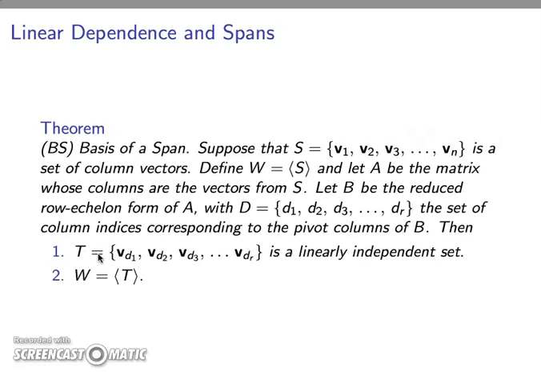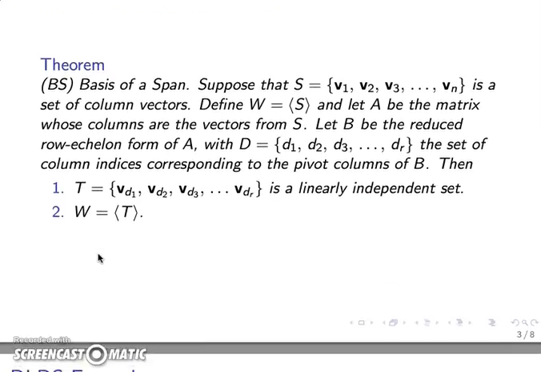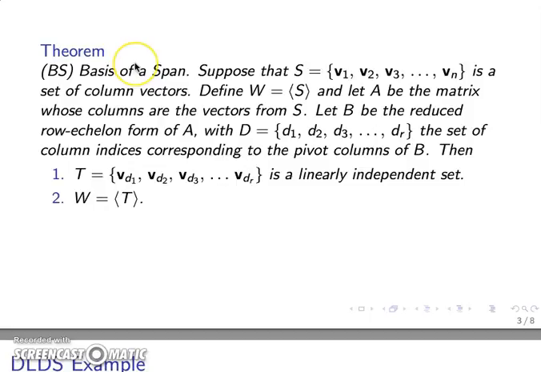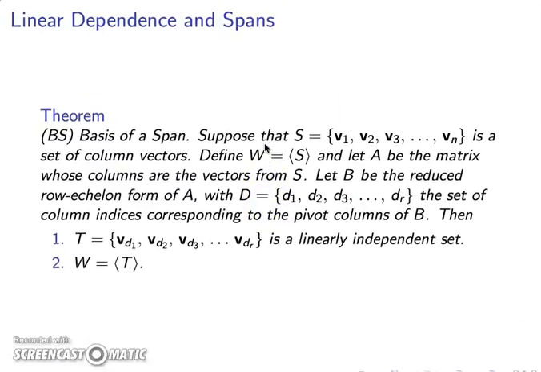The other thing that we're going to make use of is this theorem that says, suppose we have a set of vectors, and we're interested in the span of that set of vectors. When we stack the vectors into a matrix and compute the RREF, we take a closer look at the indices in the set D. If this were in the context of solving linear systems, these would be the indices for dependent variables.